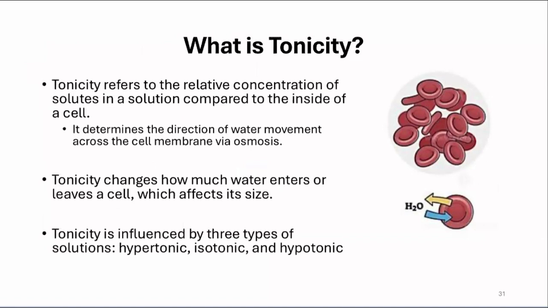One of the interesting things is that this movement of substances happens in cells. Tonicity is the term that refers to the relative concentrations of solutes in a solution compared to inside of a cell. Since our cells can have this flow of solutes and solutions move from inside to outside, tonicity is going to determine the direction of water movement across the cell membrane via osmosis.